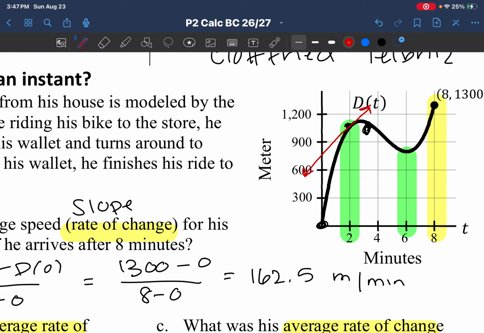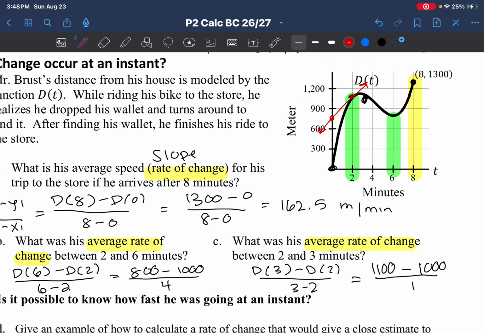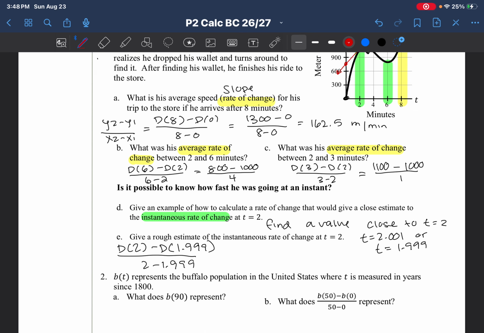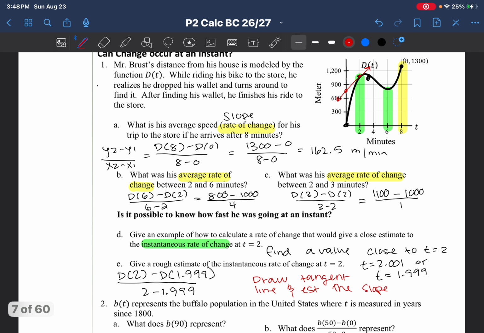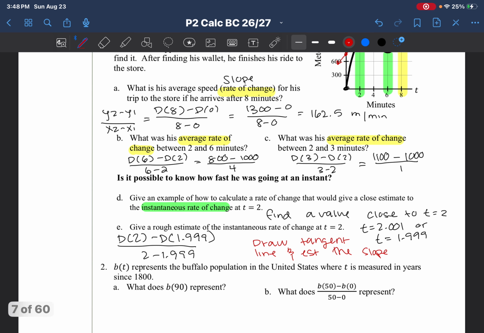Then I would find 2 points on that line, so let's say like this point, and try to estimate the slope. So that would be another way that we could do that. So let me just write that here: draw tangent line and estimate the slope. So if you were to calculate it, it could be around 50 meters per minute. Okay, and again, that would be an estimate because we don't have those exact value points. So again, two ways of how we could estimate instantaneous rate of change.